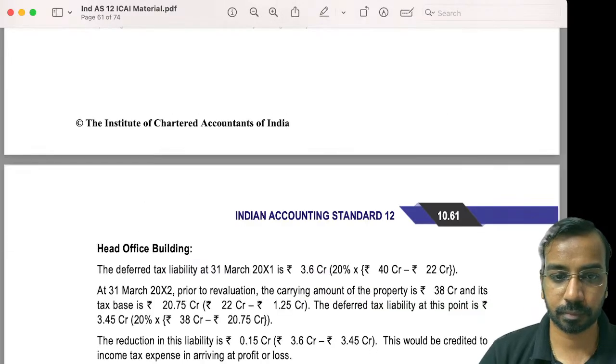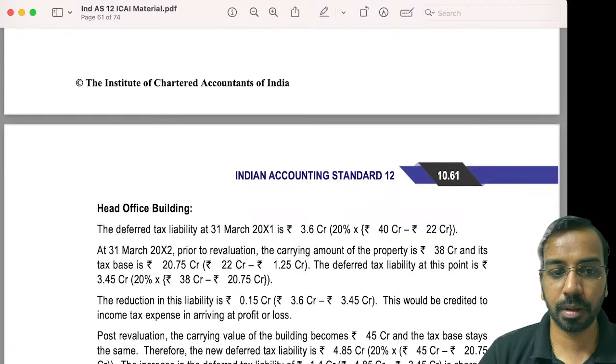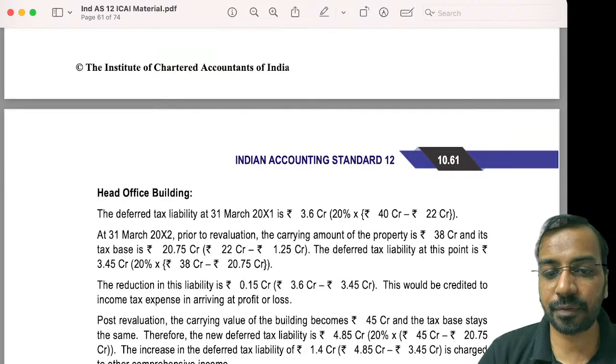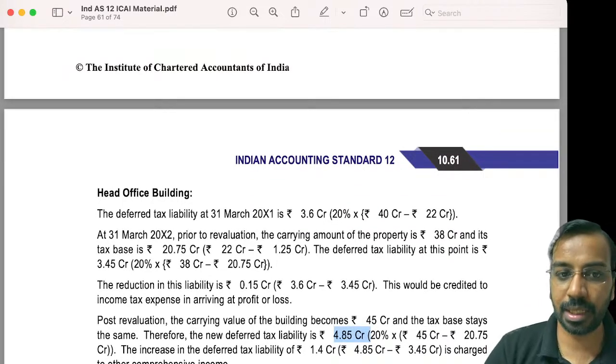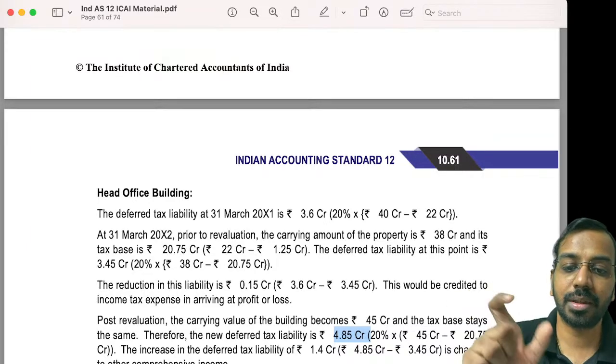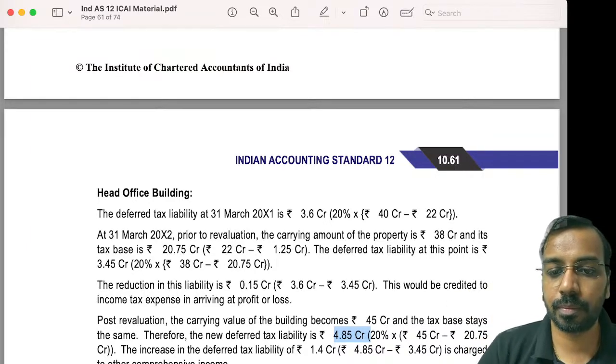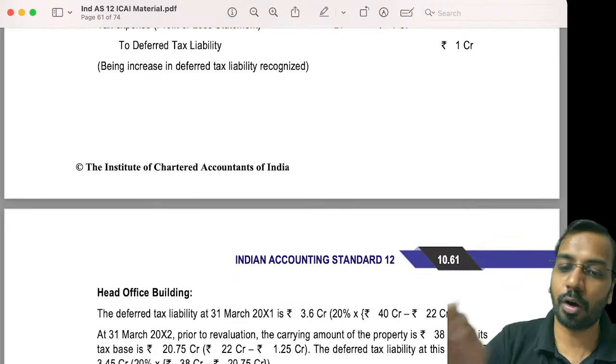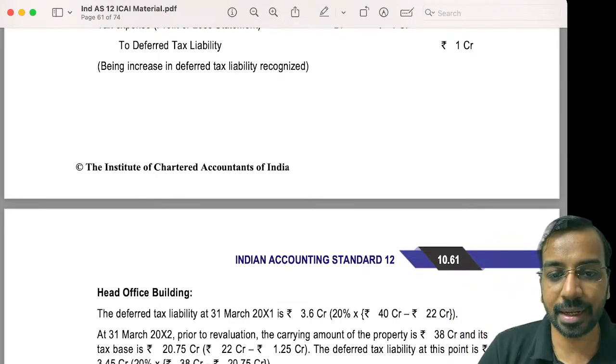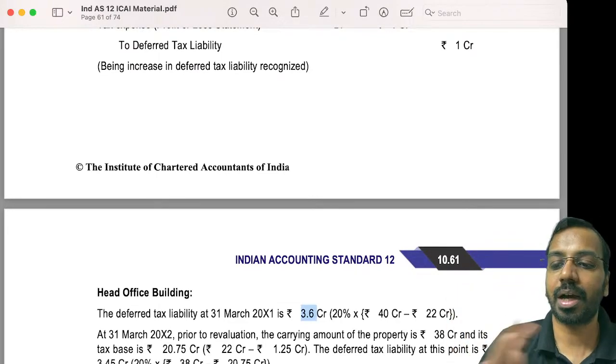So you have 4.85 crores of closing deferred tax liability and 3.6 of the opening deferred tax liability.